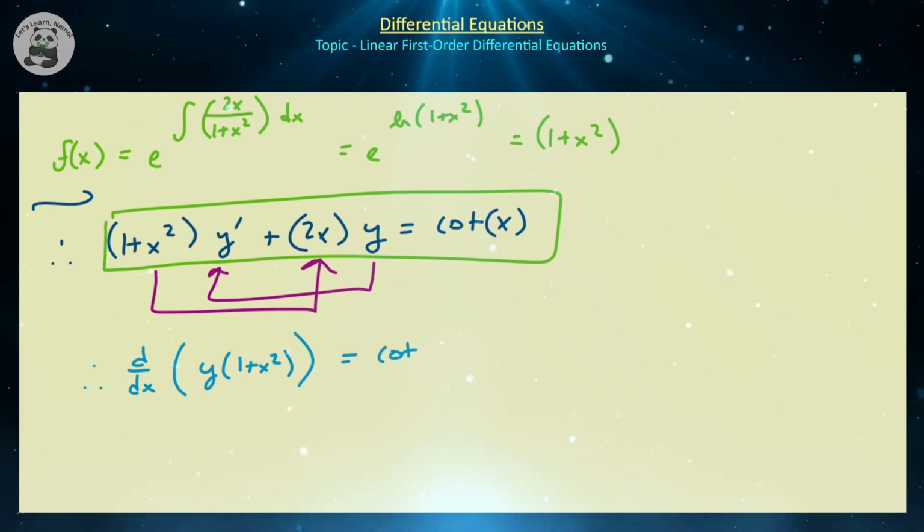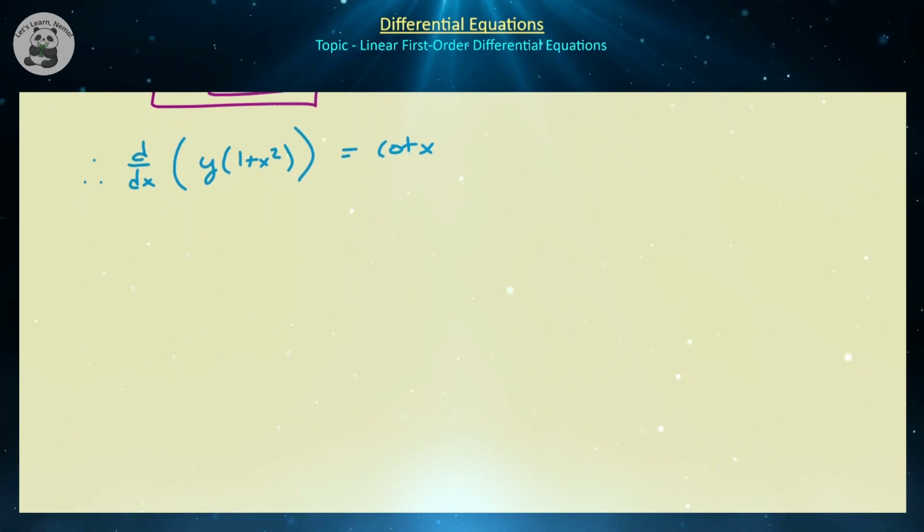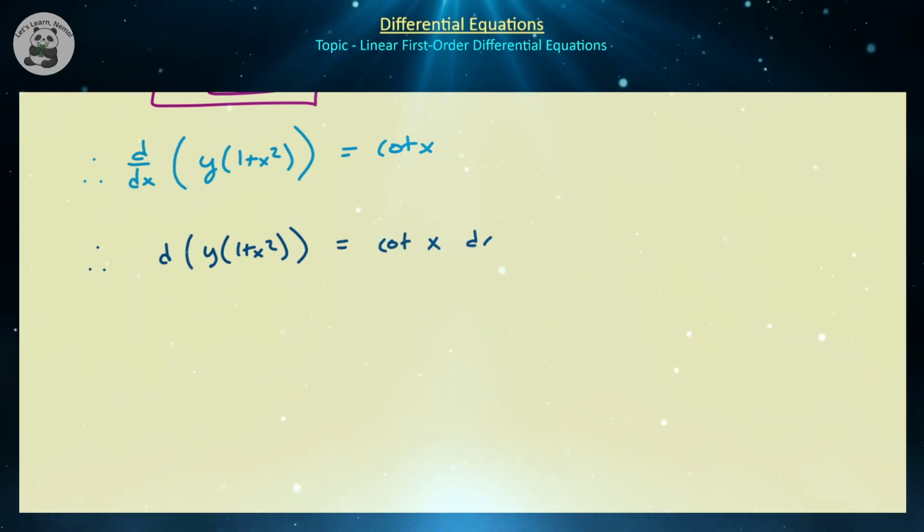And on the right-hand side, we have the cotangent of x. So once we integrate both sides, what we're going to have is the differential of y times 1 plus x squared is equal to cotangent of x times the differential of x, and then we integrate both sides of that expression.